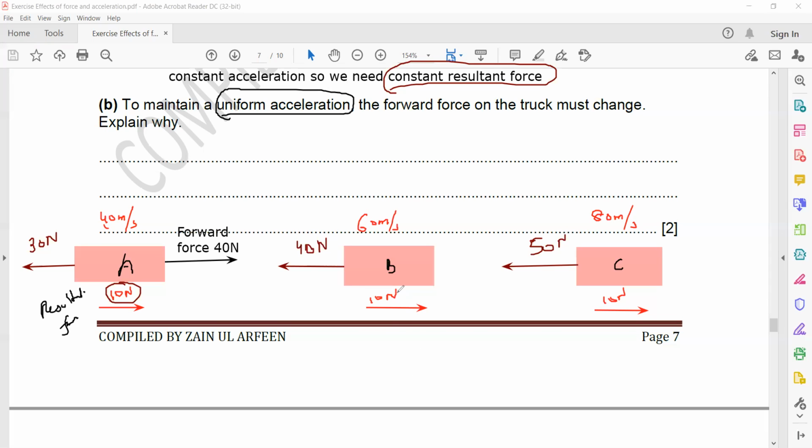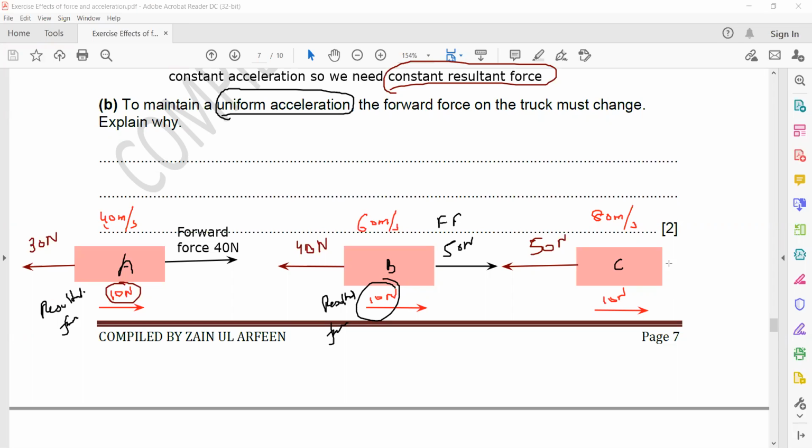In the same way, I want the same resultant force of 10 Newton on B, the same object but moving at a higher speed. So the forward force in this example should be 50 Newtons, so that I get the resultant force of 10.